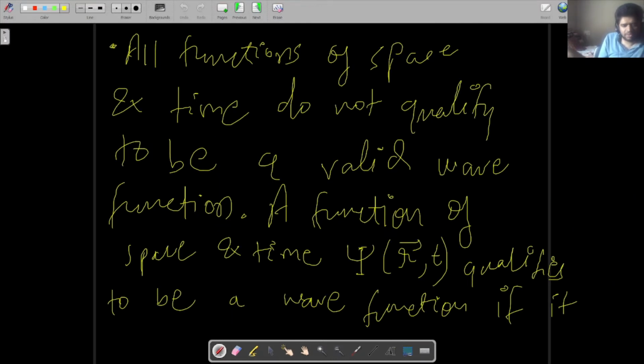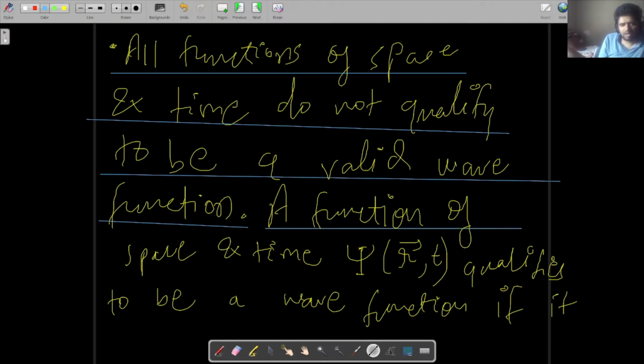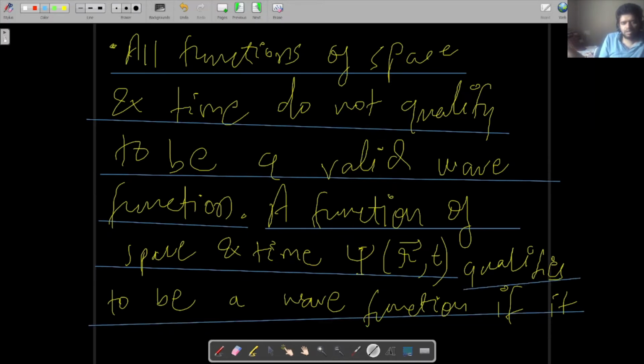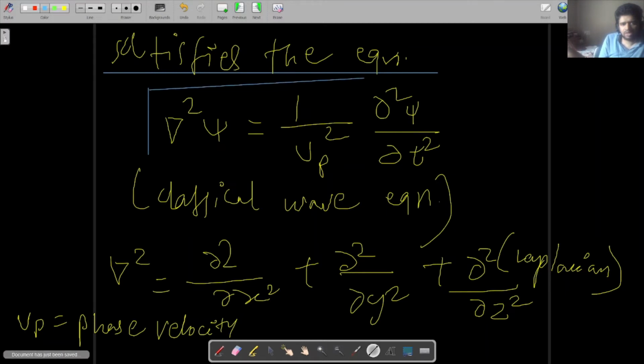So all functions of space and time are not clearly wave functions. I already told you all functions of space and time do not qualify to be a valid wave function. A function psi r comma t will qualify to be a wave function if it satisfies this equation.